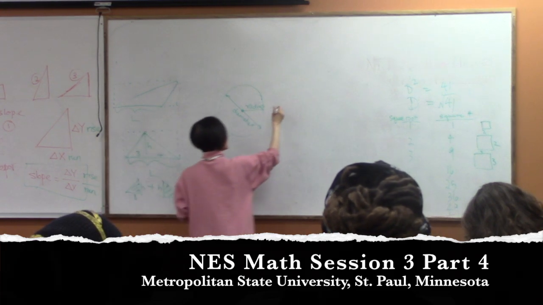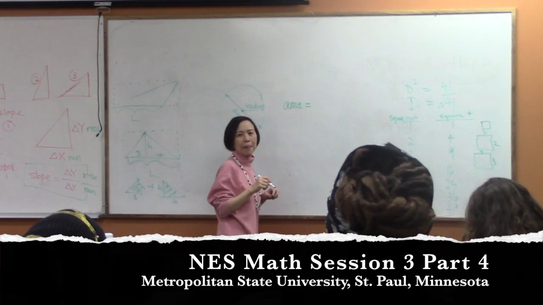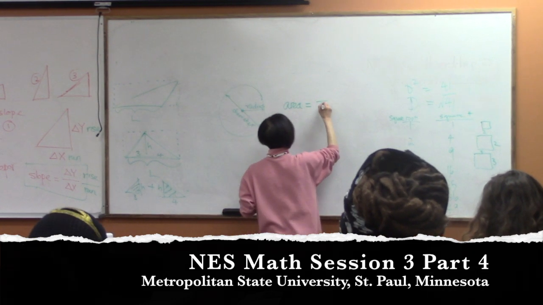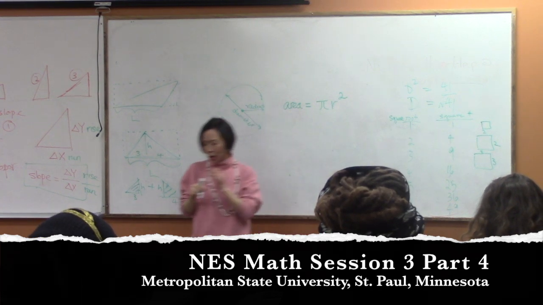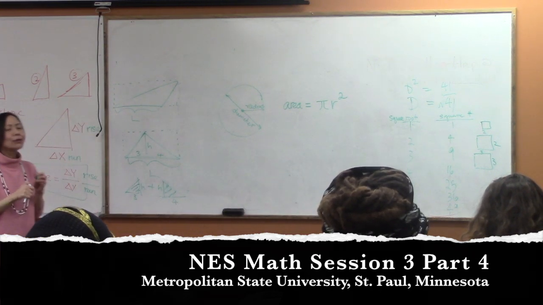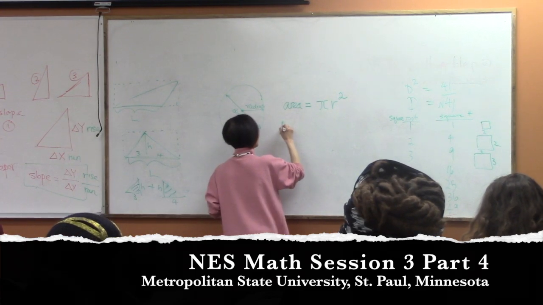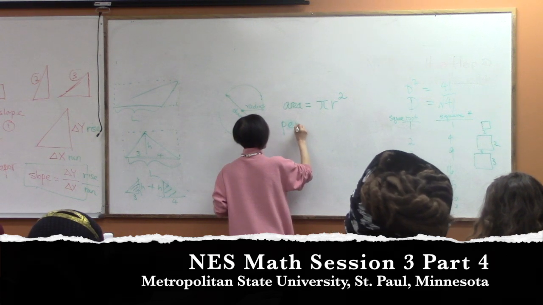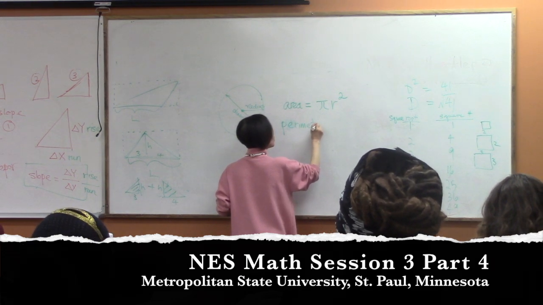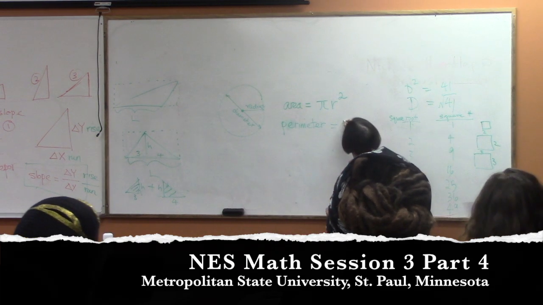So what is the area again? What is the formula? Pi r squared. Okay. So how do you remember this versus what is the perimeter? Around the outside. Yes, 2 pi r.